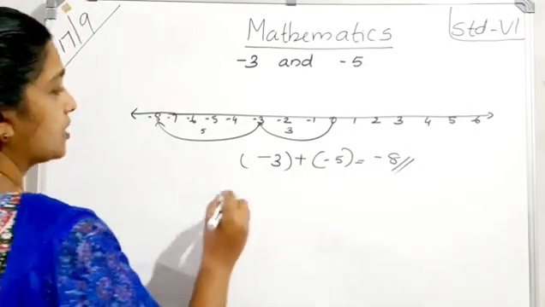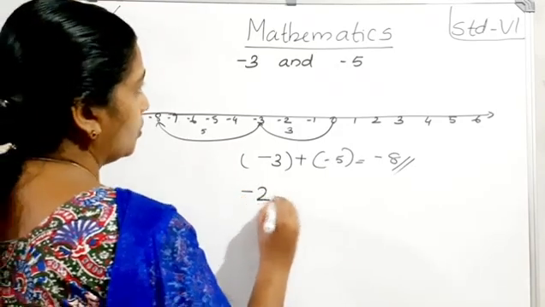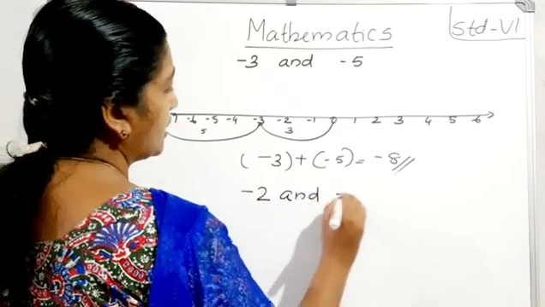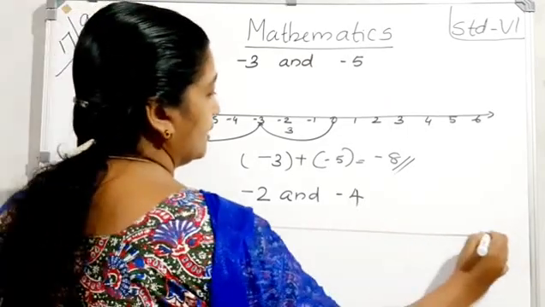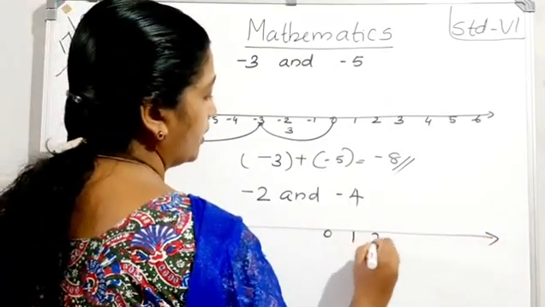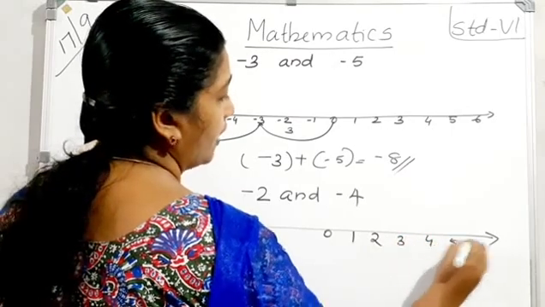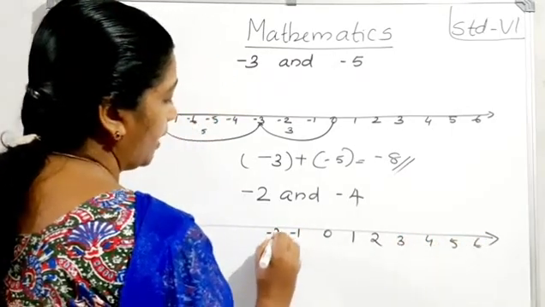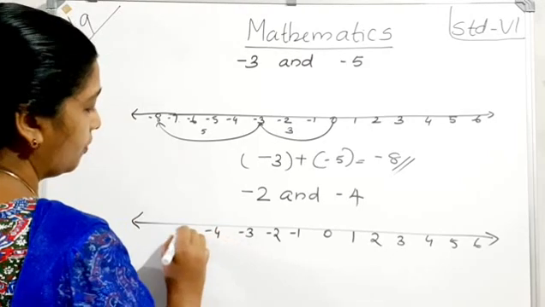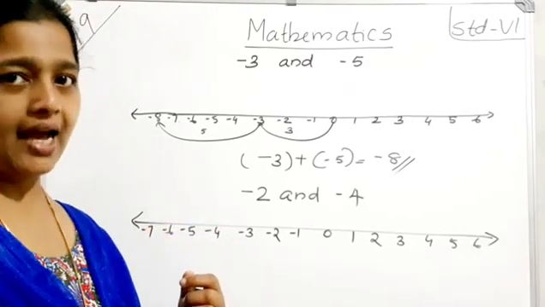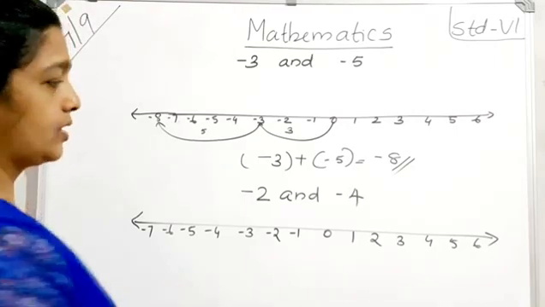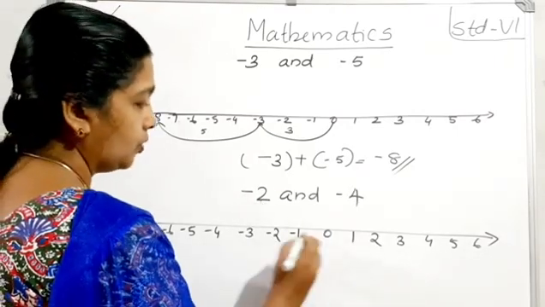Yes. So next question. Minus 2 and minus 4. We can represent using number line. Listen. 0, 1, 2, 3, 4, 5, 6, minus 1, minus 2, minus 3, minus 4, minus 5, minus 6 and minus 7. Starting from 0, how many divisions? 2. 1, 2.